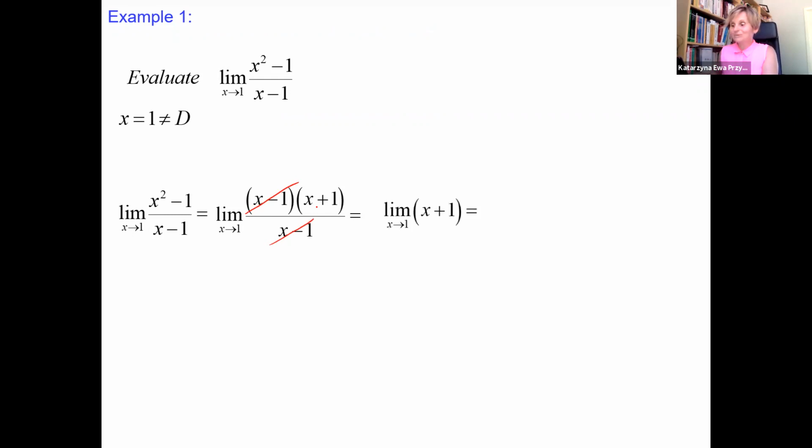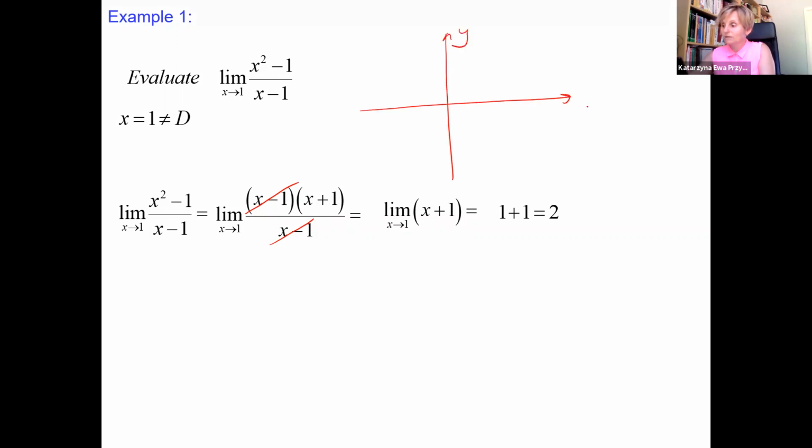We can cancel it out, then the function becomes just x plus 1. And now we can directly substitute: 1 plus 1 is 2. What we did is simplify the function to the function x plus 1.